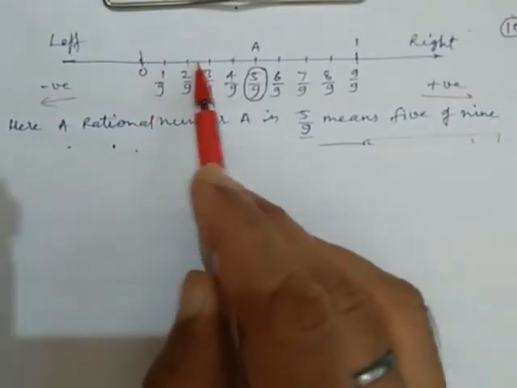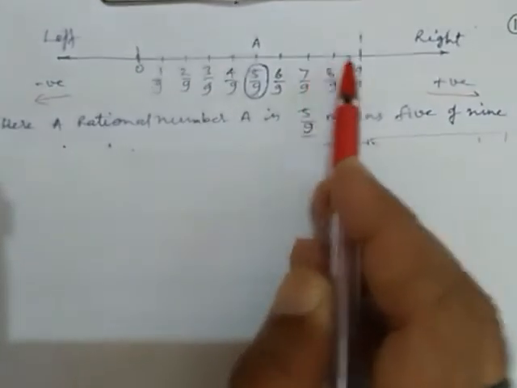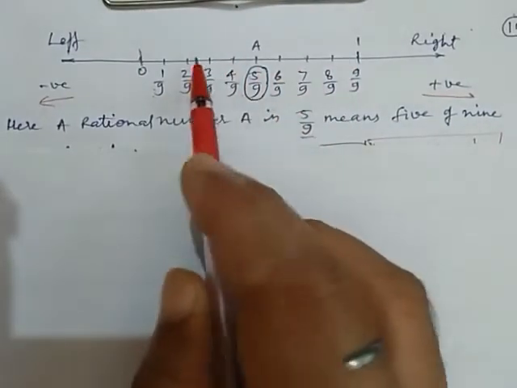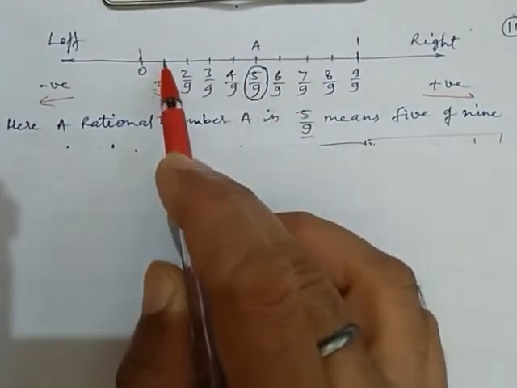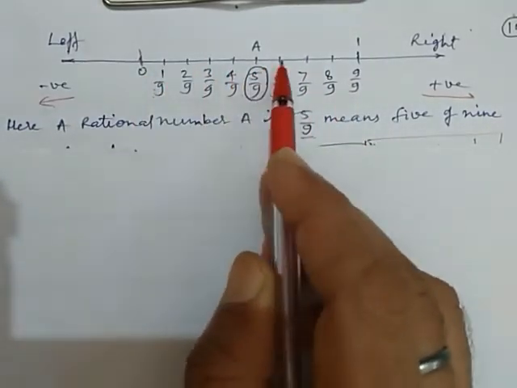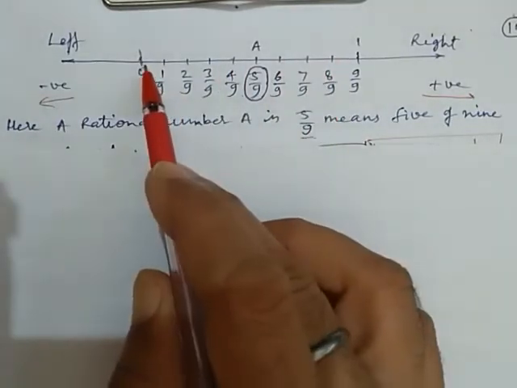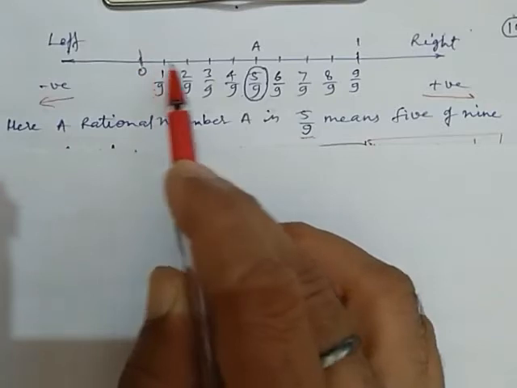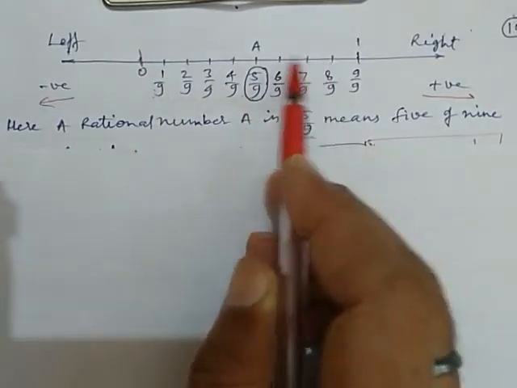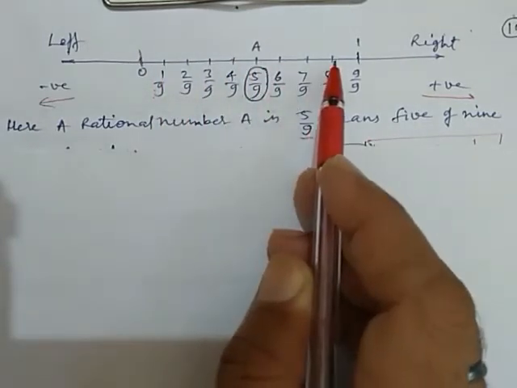1, 2, 3, 4, 5, 6, 7, 8 and 9. Always remember these 9 parts only have 8 lines in between this 1 unit. 1, 2, 3, 4, 5, 6, 7, 8. Sometimes many people divide it into 9 parts but unknowingly make 9 lines.